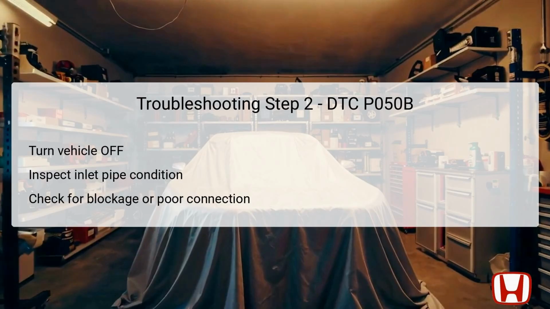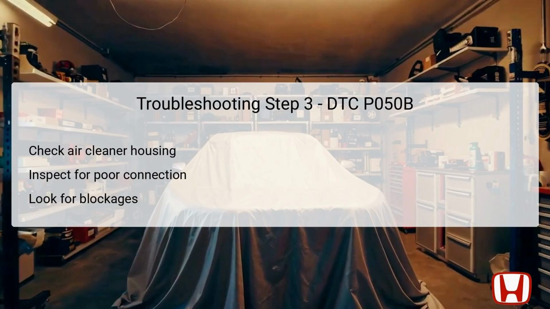Additionally, ensuring that connections are secure is vital to prevent disruptions in airflow. If the pipe is found to be blocked, or if connections are faulty, it should be repaired or replaced as necessary. If everything appears satisfactory, then you can confidently move to the next step in the diagnostic process.